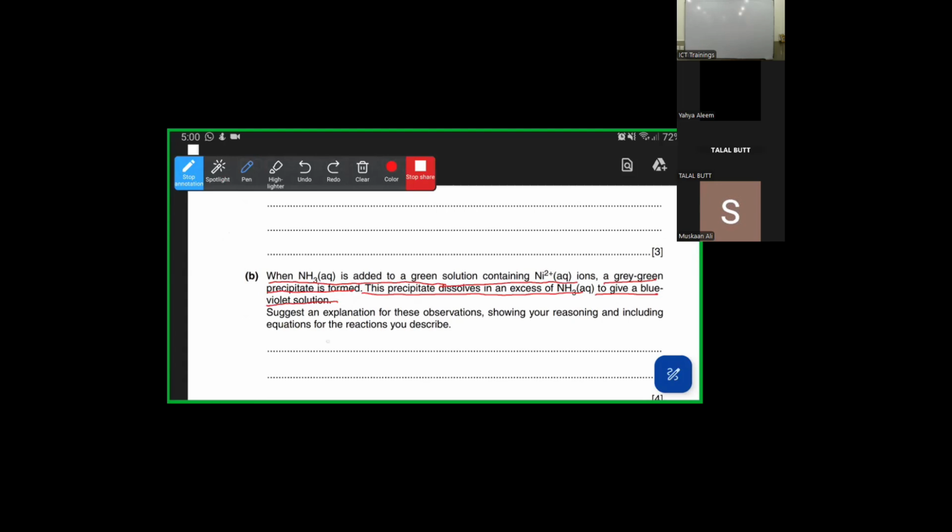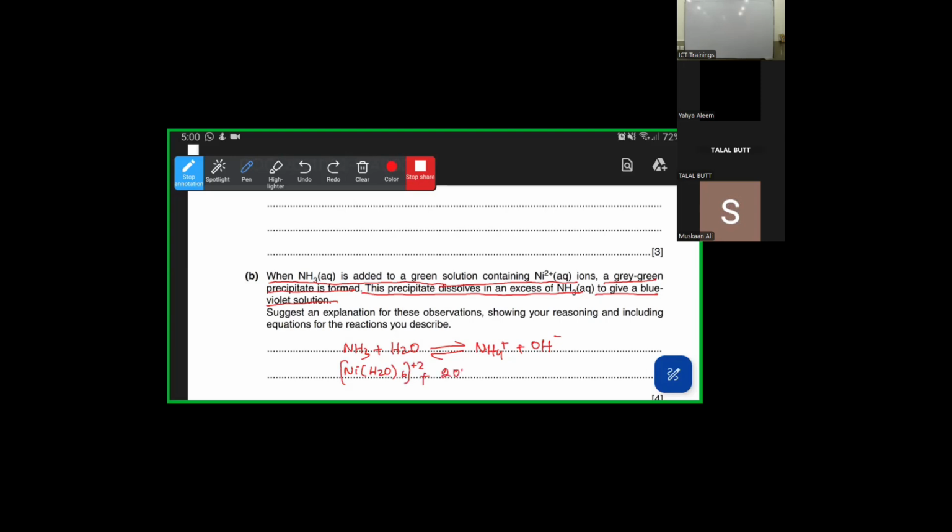Okay, so first of all, ammonia dissolves in water to form NH4 positive and OH negative, and nickel with 6 water ligands and +2 charge.